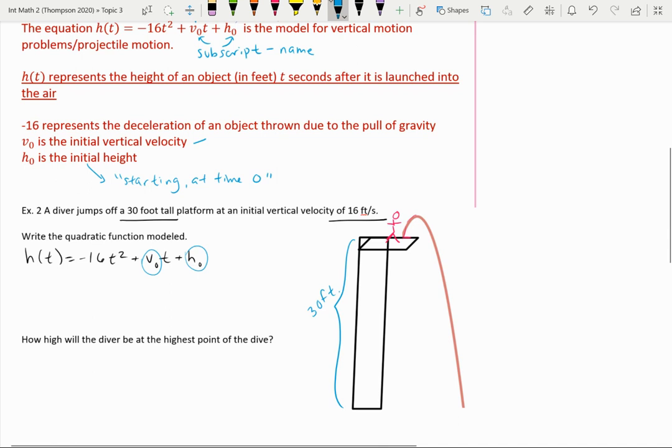And the velocity means that when this person leaves the springboard and shoots up before they come down, they're leaving at an initial velocity of 16 feet per second. So I can just rewrite this with my v initial being 16 and my h initial being 30. That's it. That's my equation.